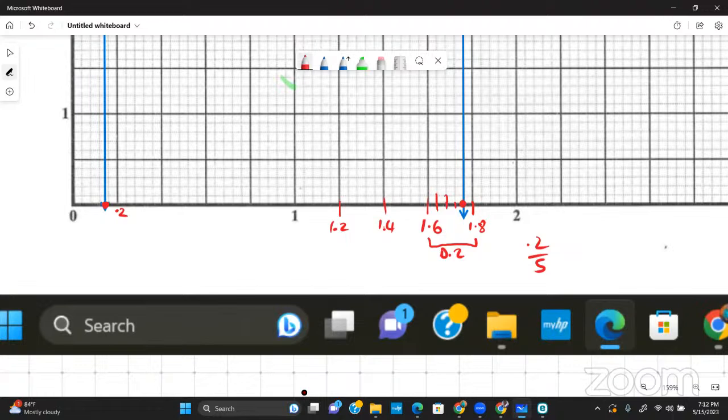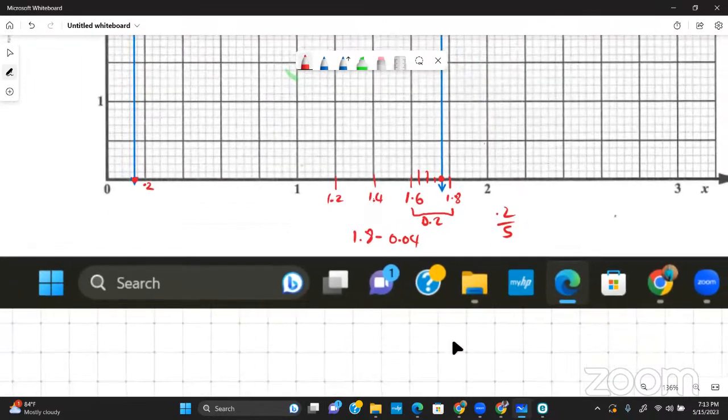So then for the solution here, it's 1.8 minus 0.04 because it's 1 line less. So I take 1.8 minus 0.04 and I'm getting 1.76. Remember, this is conditional to my drawing. So you might not come down at the same place, but you have to interpret your answer. So one of my answers is x is equal to 1.76. That's where my line came down. Yours may not come down there.